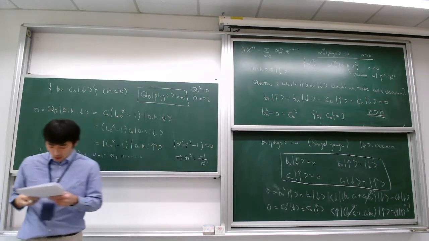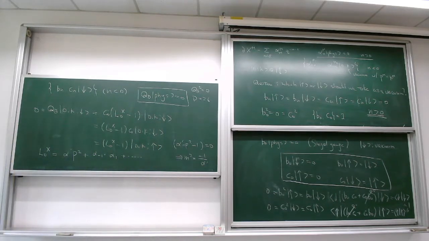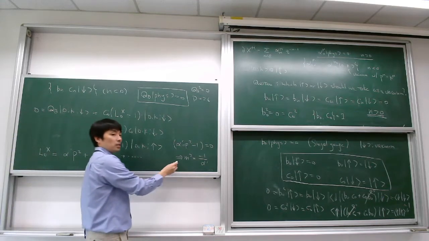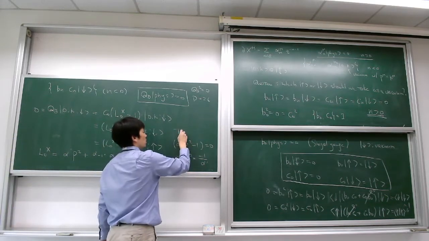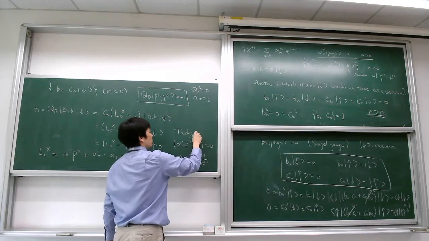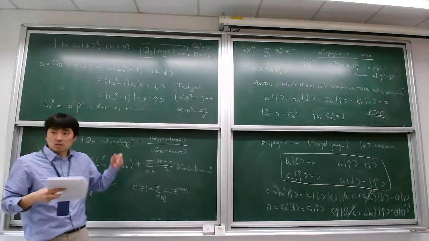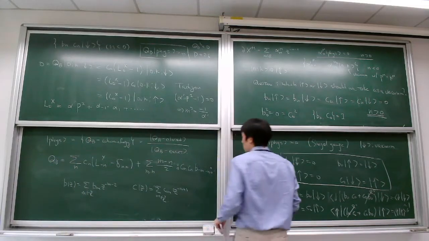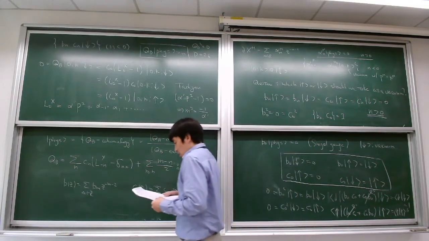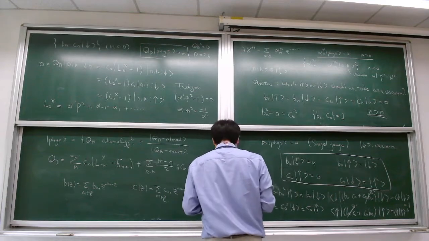This is the condition for the tachyon. Again, the mass squared is negative. It's the tachyon. That's the condition you get. Okay, let me move on.